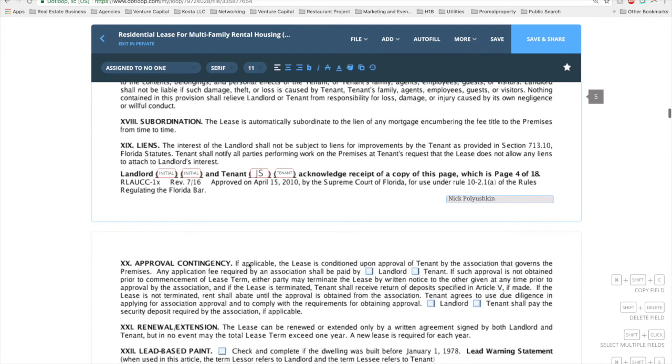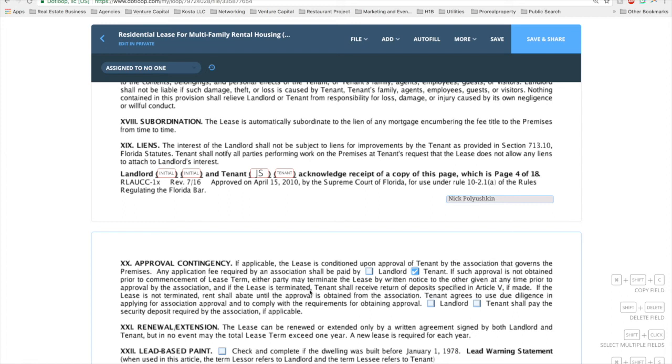Approval contingency. If applicable, the lease is conditioned upon approval of tenant by the association that governs the premises. In our case, yes, it's contingent. Any application fee required by an association shall be paid by tenant. If such approval is not obtained prior to commencement of the lease, either party may terminate the lease by written notice to the other given at any time prior to approval by the association.